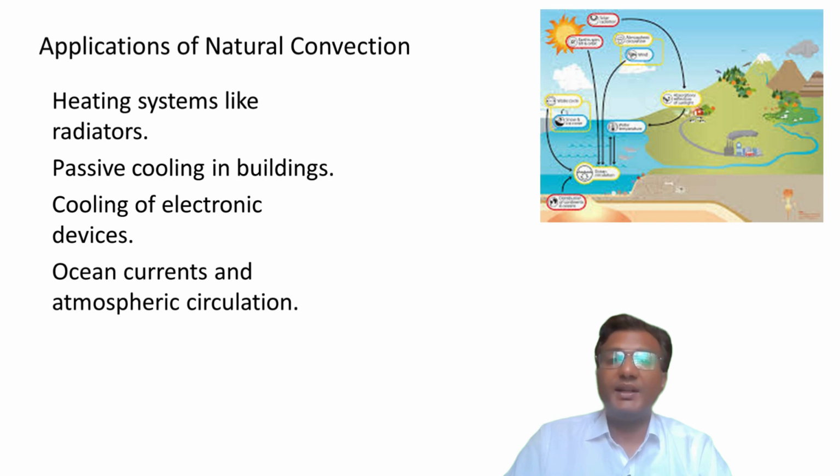By harnessing density-driven fluid motion, engineers and scientists create sustainable solutions for heating, cooling, and environmental systems. Understanding this application inspires innovative designs that balance performance and energy efficiency. So let's conclude with a summary of natural convection.